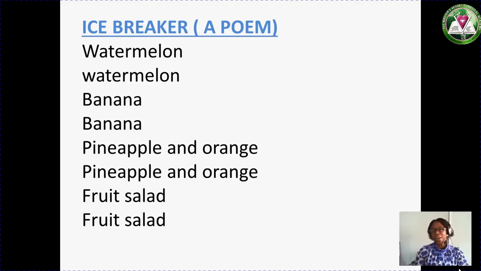Oh yeah, join me now. Watermelon, banana, pineapple and orange, fruit salad.